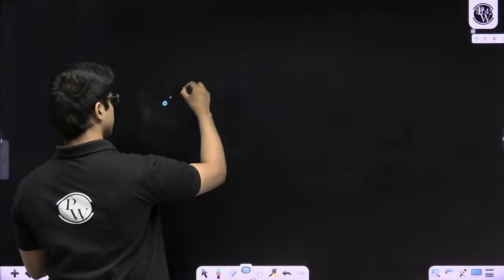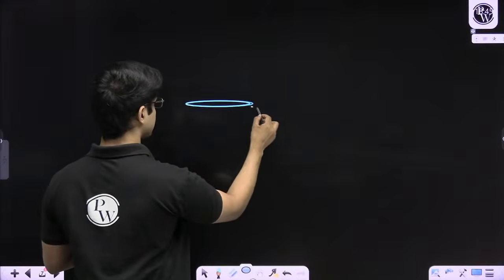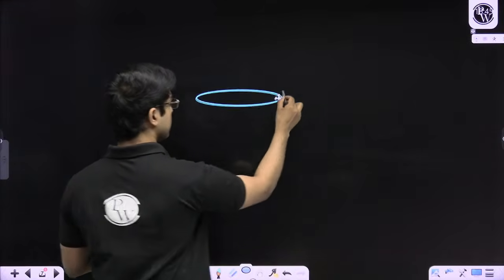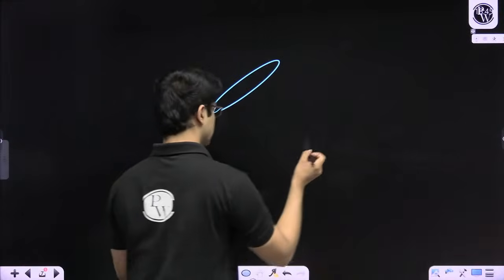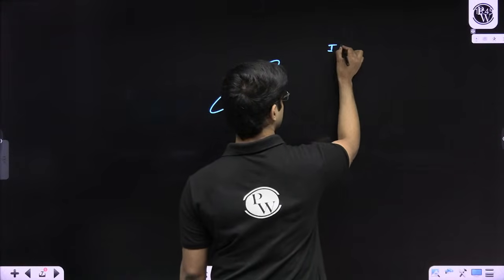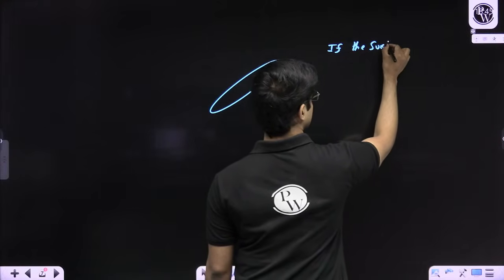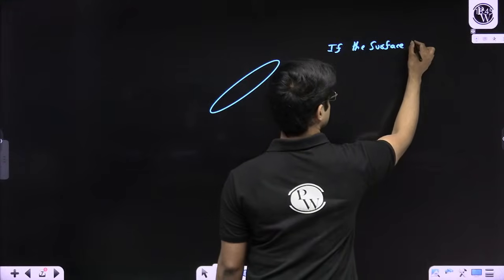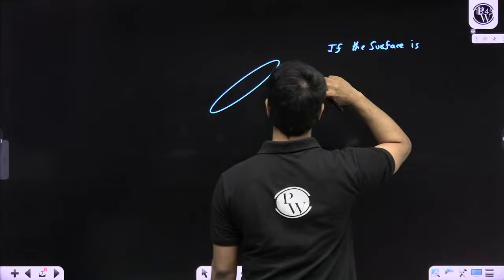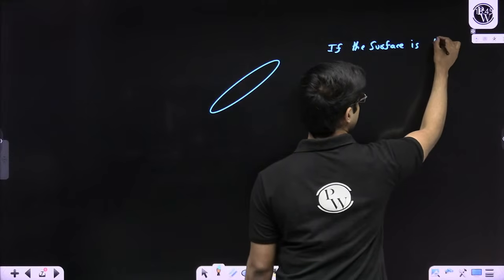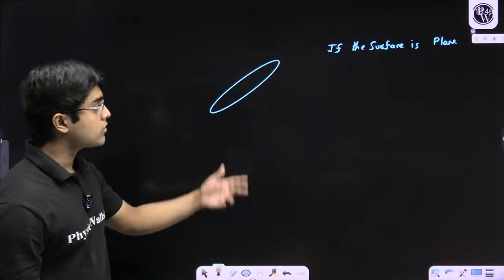First, the area must be a plane area. If it is a plane surface, it is not a curved surface.